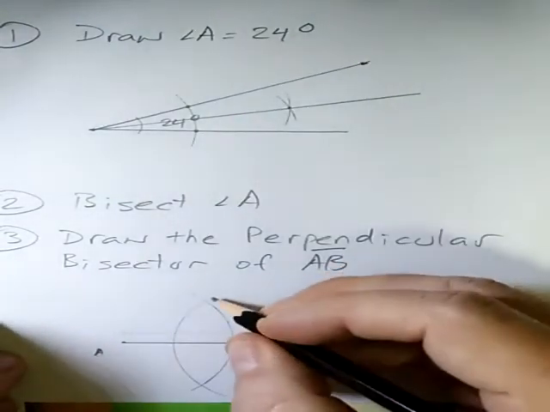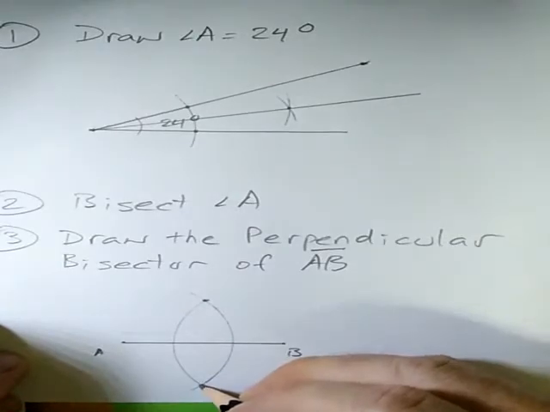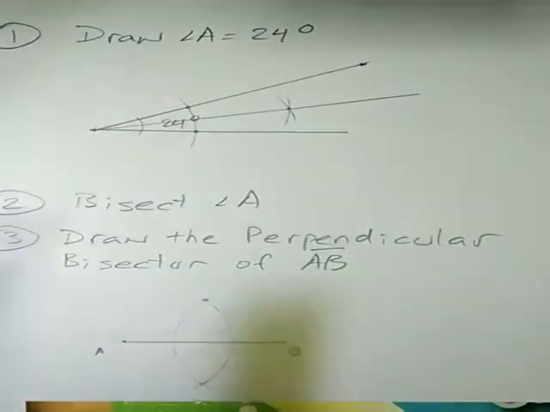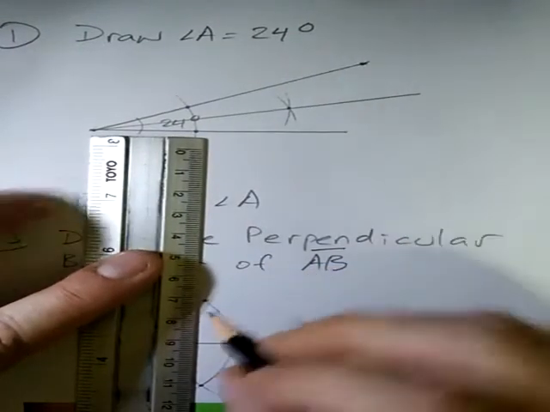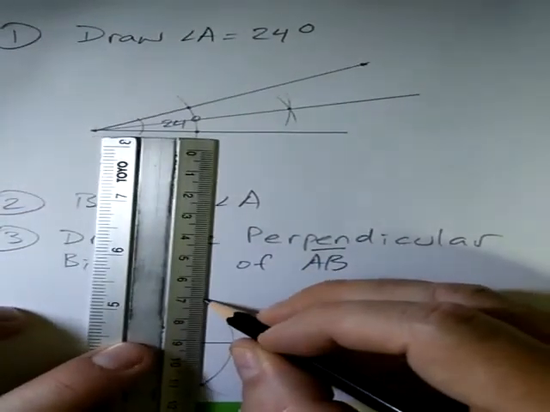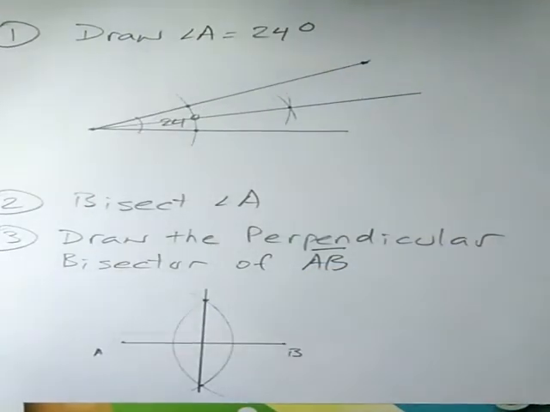And you can see that I have these arcs cross at this point and this point. So I'm going to put 2 dots there, and then using my ruler, I'm going to draw a line through the center of these dots, like so. Oop, I missed that one a little bit.